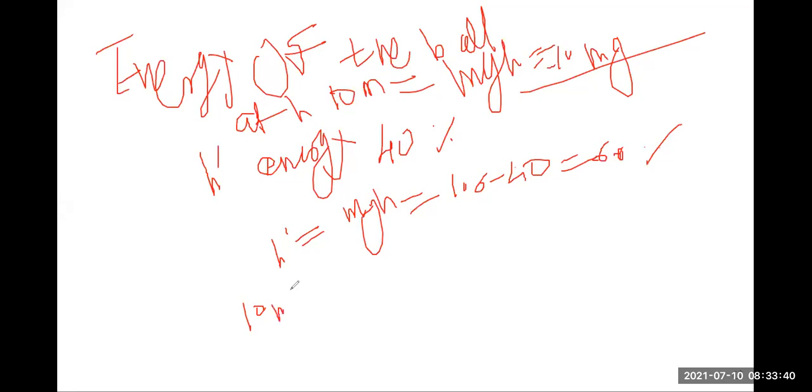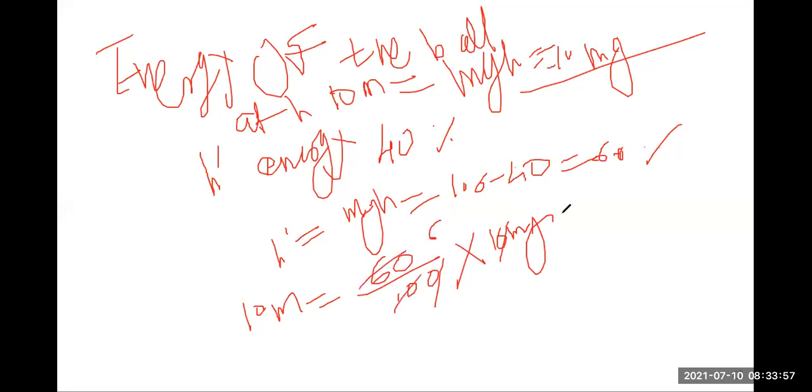We have taken just 60 upon 100 because energy reduces. Height remains as it is. Okay. 60% multiplied by 10 mg. Now this 0 cancels. 10 on the 10, 6 tens are 60. What will we get here? 6 mg.